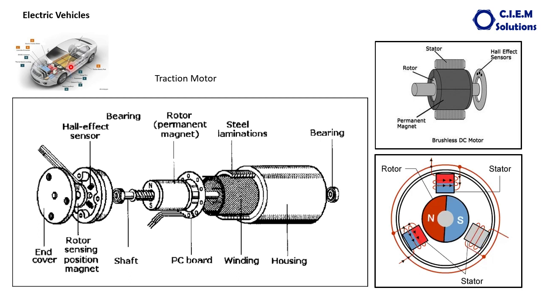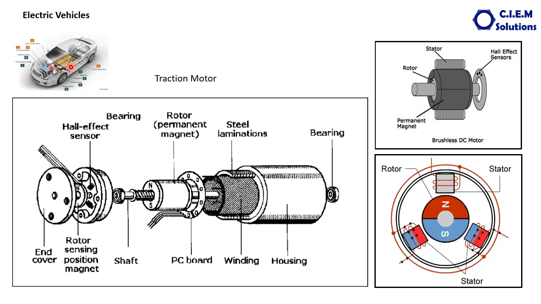As far as the supply voltage is concerned, it is 300 volts to 400 volts. When it comes to the capacity of the battery, it will normally be 40 kilowatt hour. It is rated in kilowatt hour.